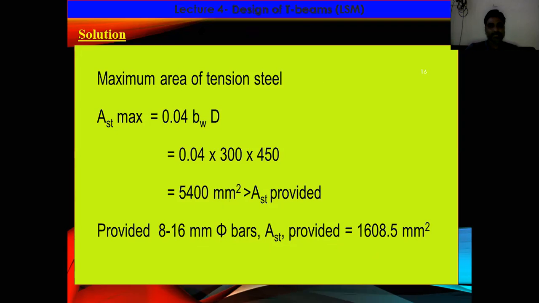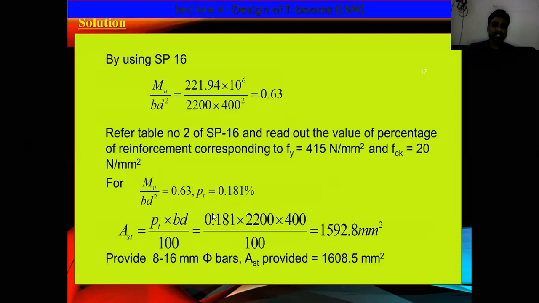Right? So like this, you have to determine the area of steel required, and you can design the T-beam. This is all about the design of T-beams by the limit state method as per IS 456:2000. This is how you can design your area of steel. There is another method, a simplified method using SP 16, which is another code.